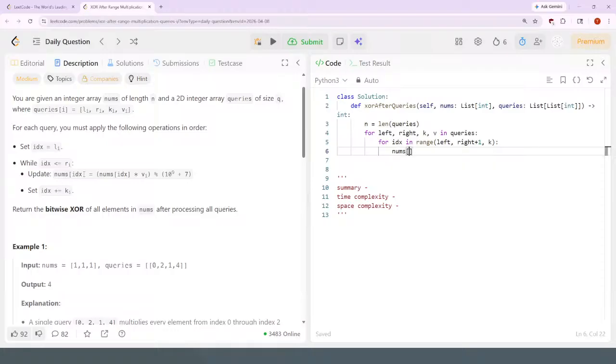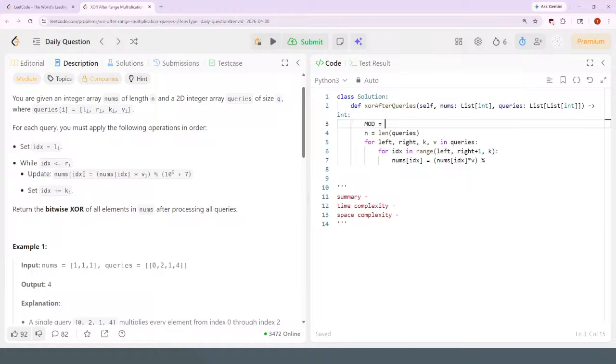Nums at index times equals V, and then this is modulo the value 10 to the 9 plus 7.